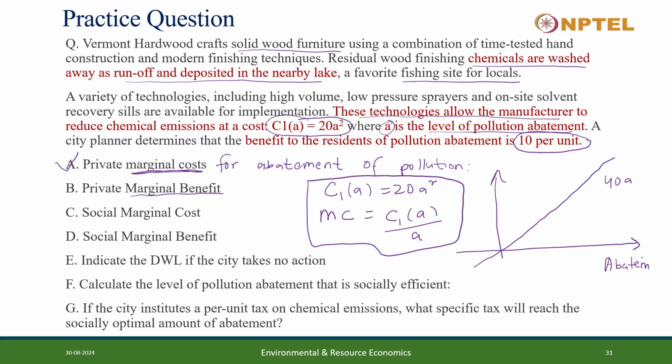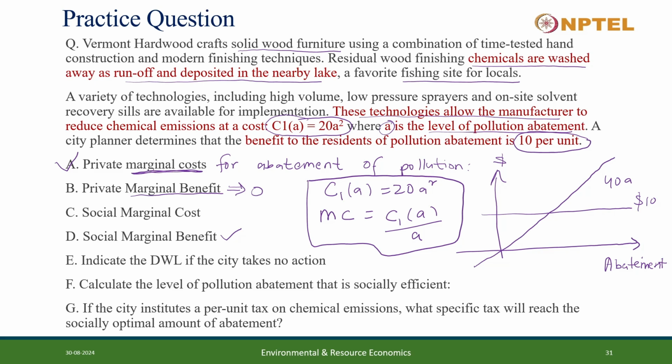How will it look like? It will look like this, right? This is $10 per unit. Okay, am I clear? Now we get the social marginal benefit curve. The private marginal benefit curve will be equal to 0 in this case.